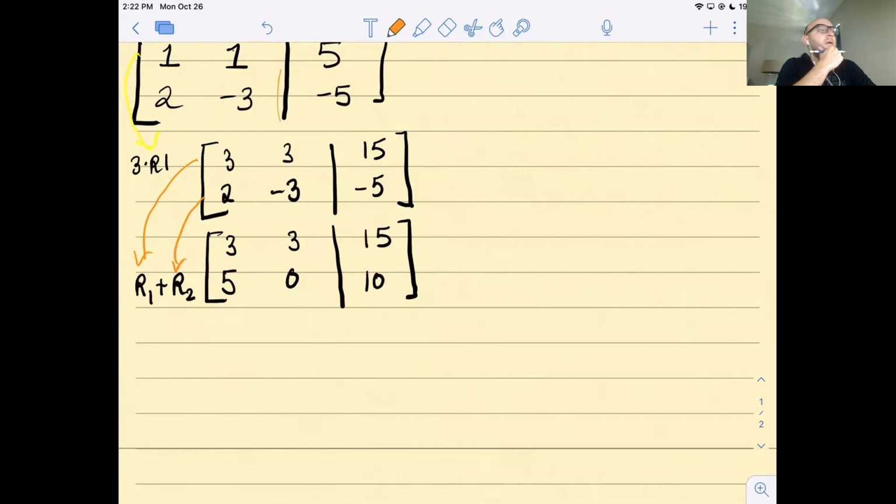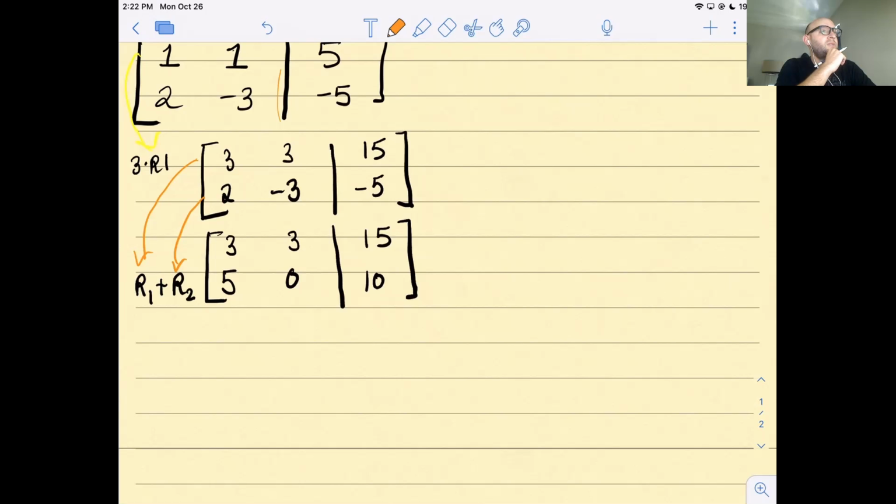What should we do to the second row to allow us to solve for x, because I have 5x plus 0y equals 10. So what's a simple thing?